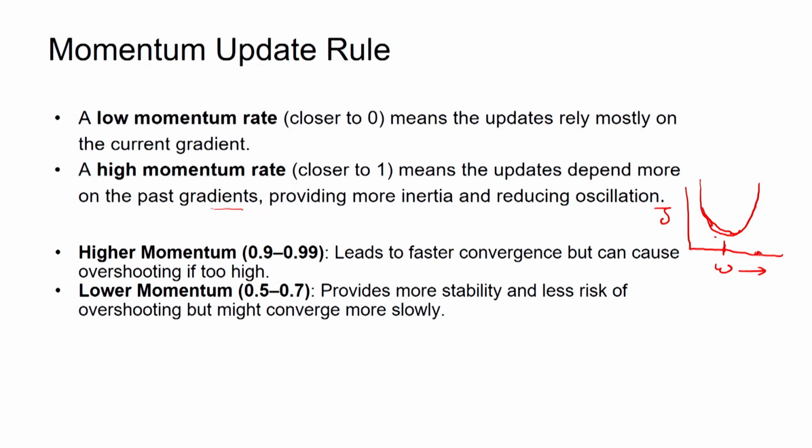Suppose initially the value was here, so the cost function value was this. When we change it, if the learning rate or momentum rate is very high, the next value of W may land here, so the value of the cost function was this much, and now the next value is this.